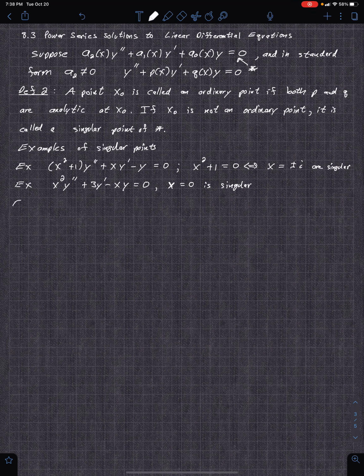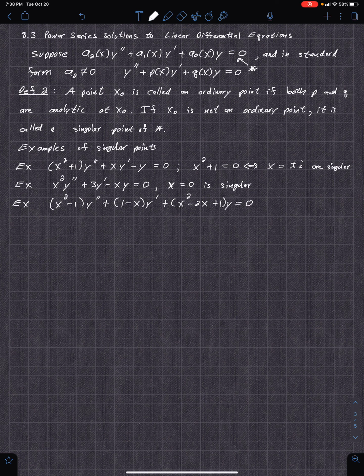Okay, next example. This one's a little different. x squared minus 1 y double prime plus 1 minus x y prime plus x squared minus 2x plus 1.